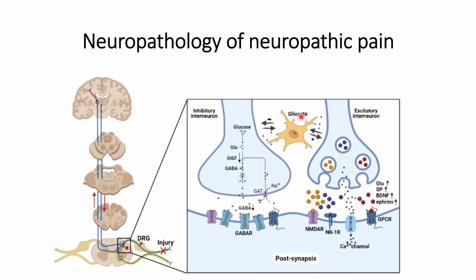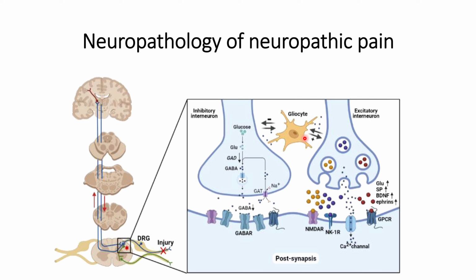They interact with each other with the help of these gliosides. Because of these gliosides, the inhibitory interneuron and excitatory interneuron are able to perform their functions in balance.